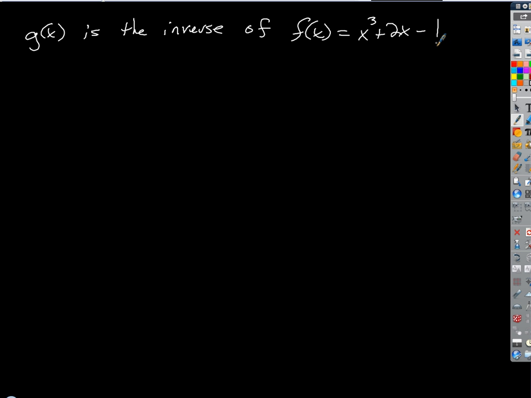Okay? So let's find g prime of 2. First we just change the x to y, switch them around, and solve for y.